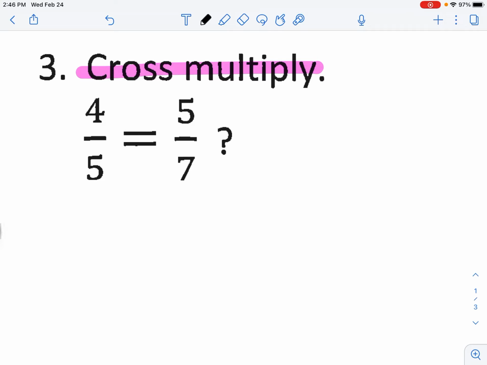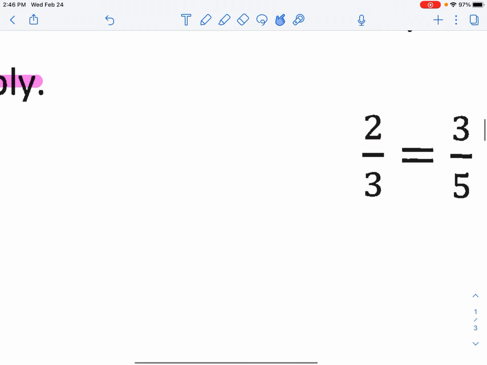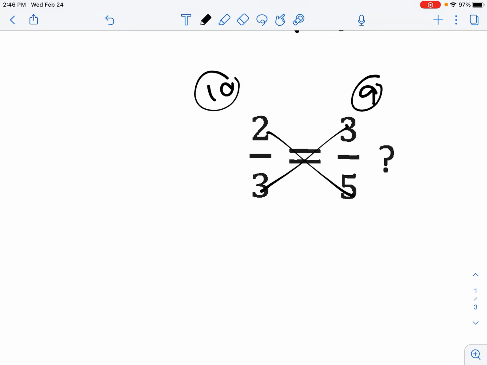Cross multiplication is when you multiply your factors diagonally. 5 times 5 is 25, and 7 times 4 is 28. If these are two different answers, you're going to say no. Cross products. 3 times 3 is 9. 5 times 2 is 10. 10 is not equal to 9. So that answer is going to be a no.